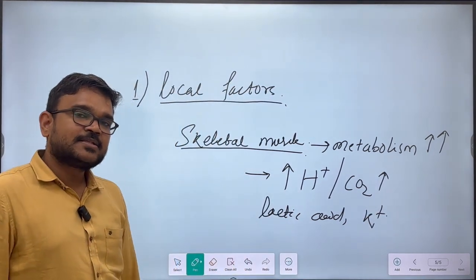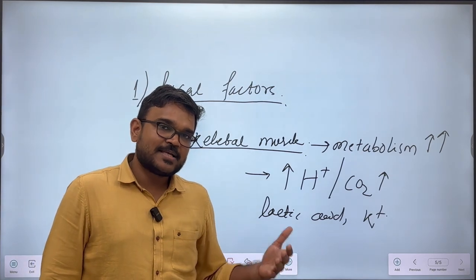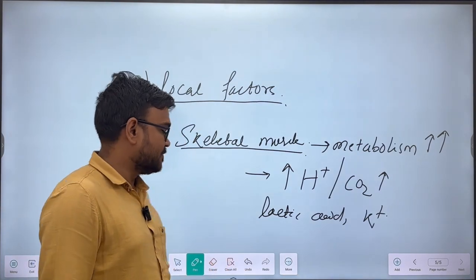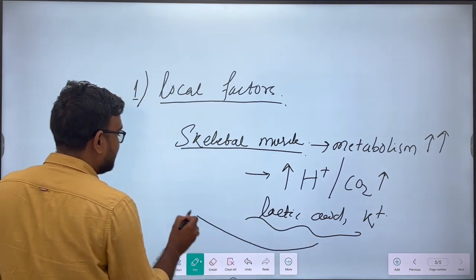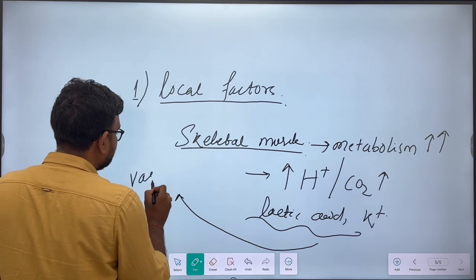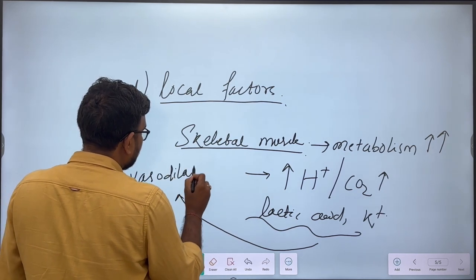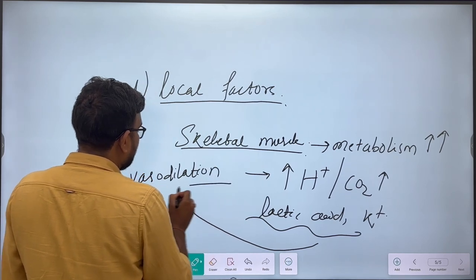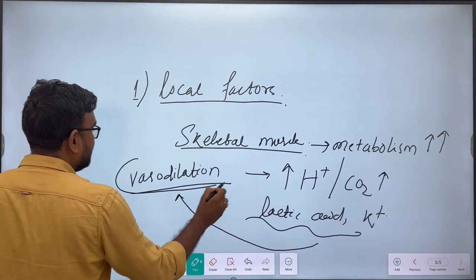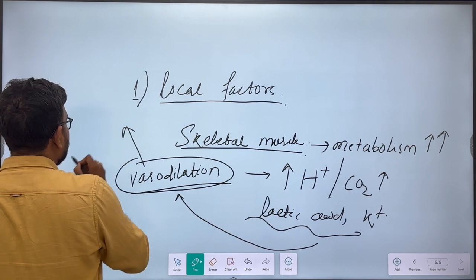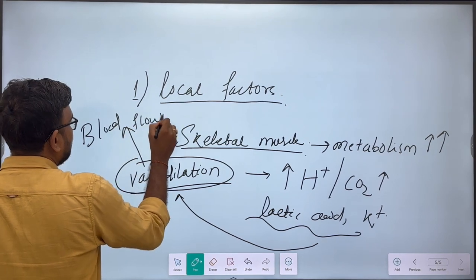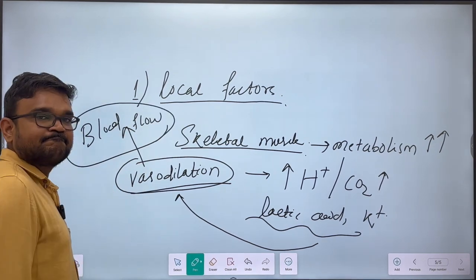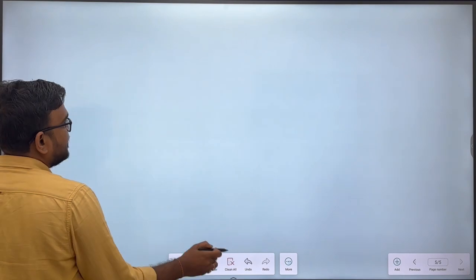All these factors act as local metabolites, as a local vasodilator system, causing vasodilation, so that the blood vessels are dilated and blood flow increases. This is one mechanism.